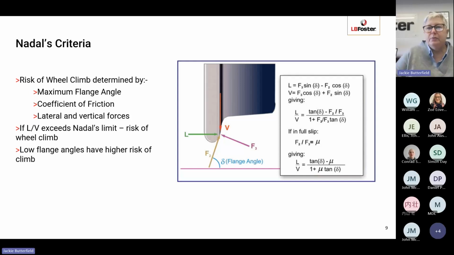So based on his assumptions and an equilibrium of the forces at that single point of flange contact, which is indicated by where the L, the V and the F3 meet, the ratio of L/V is the tangent of the flange angle, delta, minus the coefficient of friction, divided by 1 plus the coefficient of friction multiplied by the tangent of the flange angle.